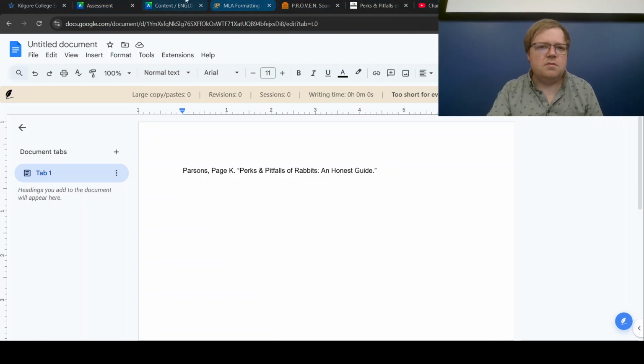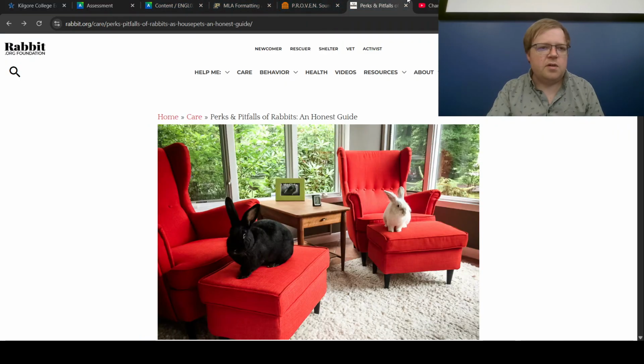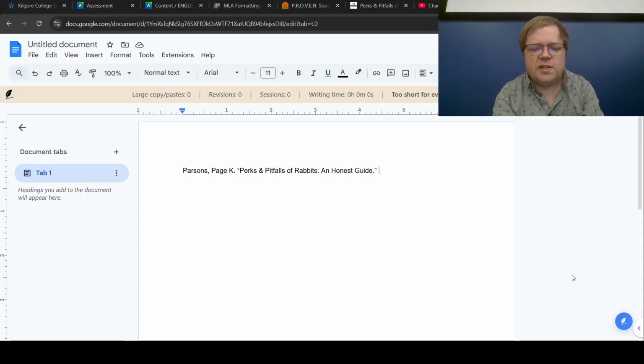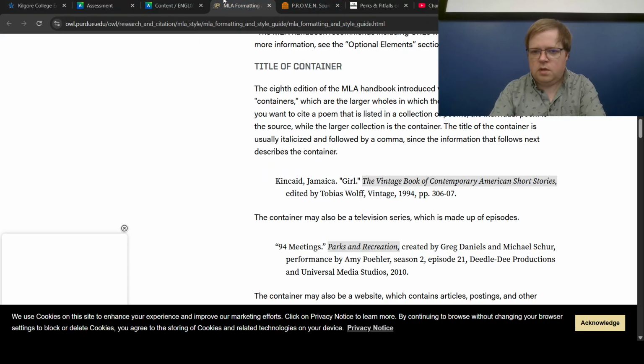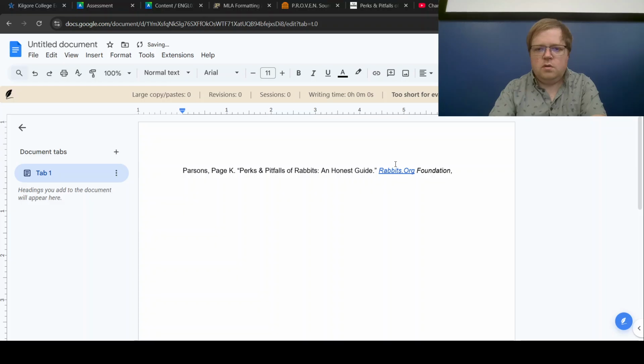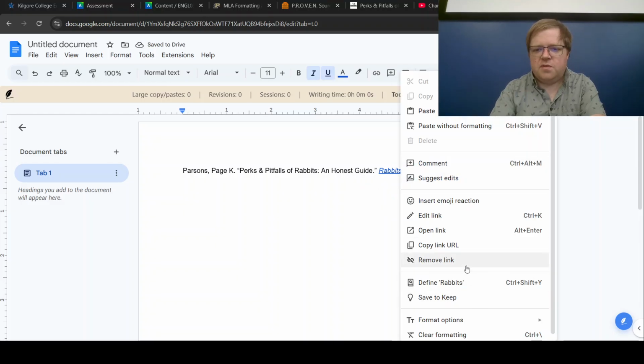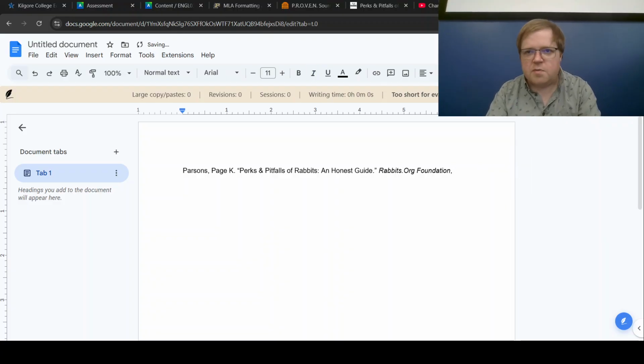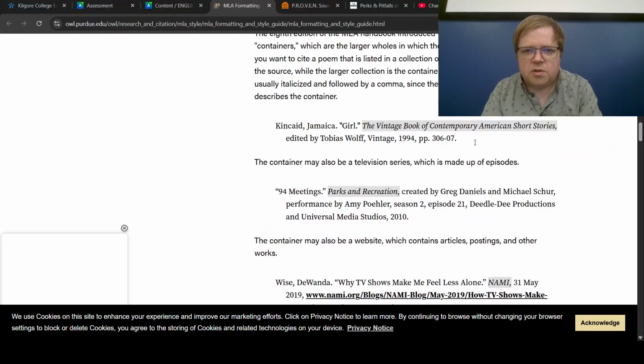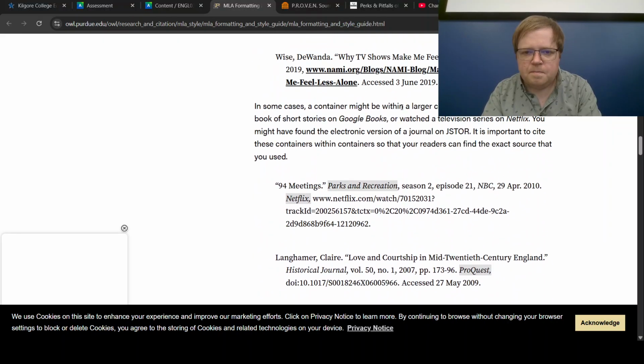So this is the Rabbits.org Foundation. And we're going to do italics, Control I. And we will have a comma after that. And we can take this hyperlink out. I don't really care if it's in there, but I'm going to remove it so that everything's the same color. All right, so that's the title of the container.